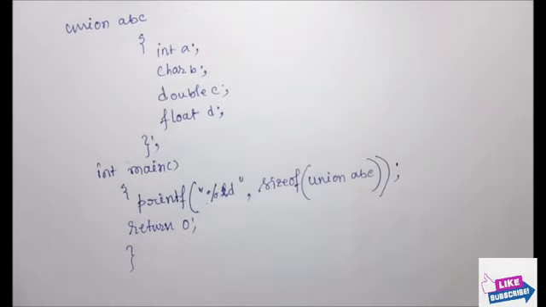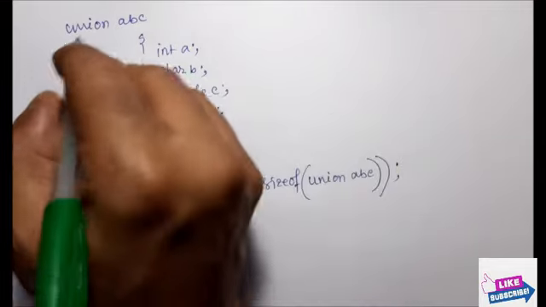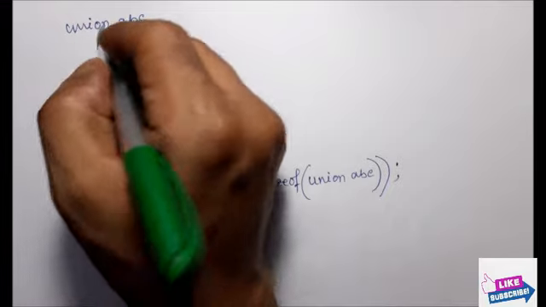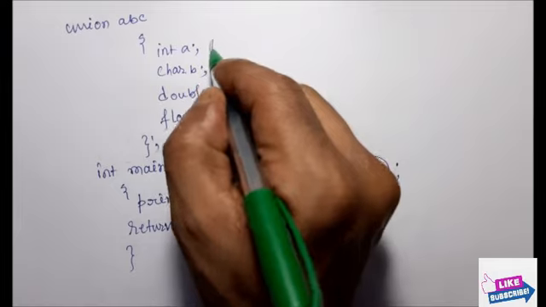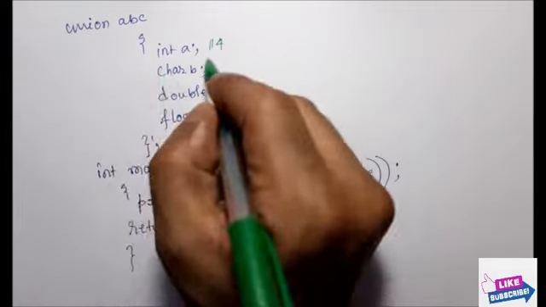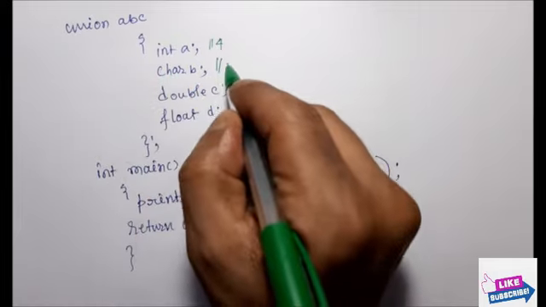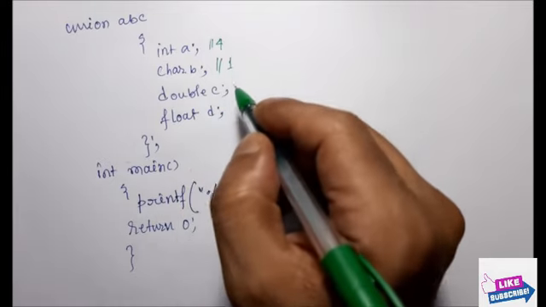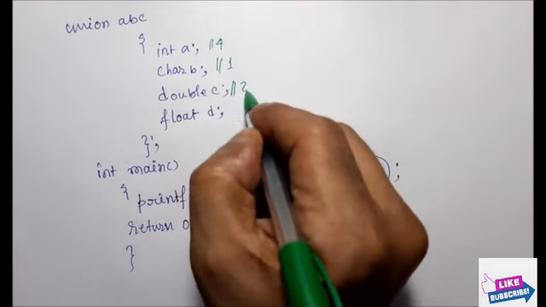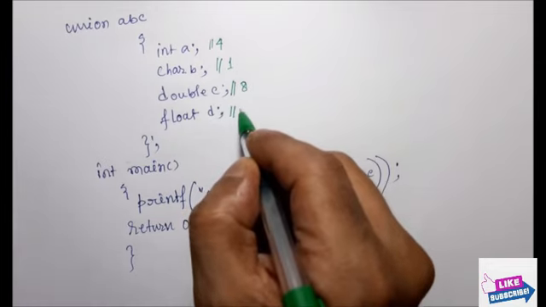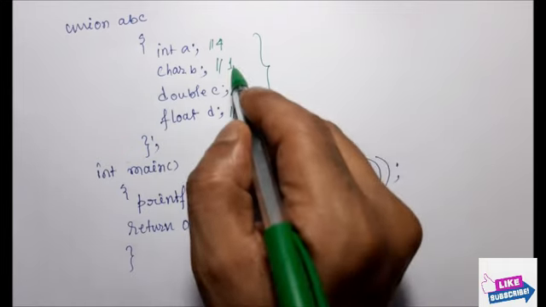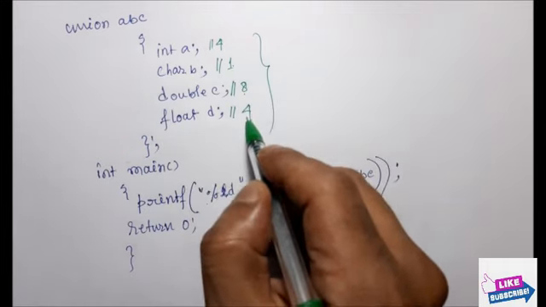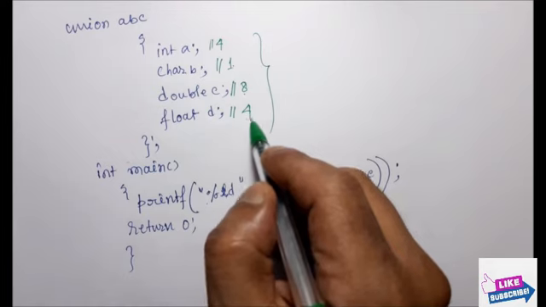In this example, if I consider a structure instead of union, what will we get? Here, in my system, the size is 4 bytes for integer, 1 byte for character, 8 bytes for double and 4 bytes for float. So, the total size should be 4 plus 1 is 5, plus 8 is 13, plus 4 means 17.